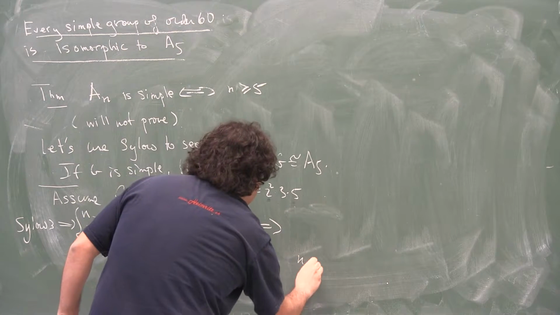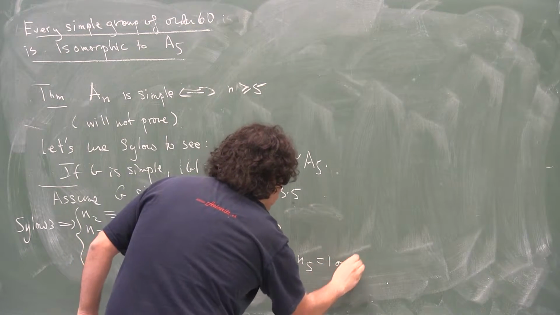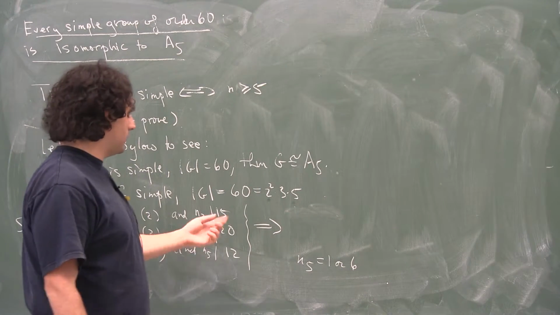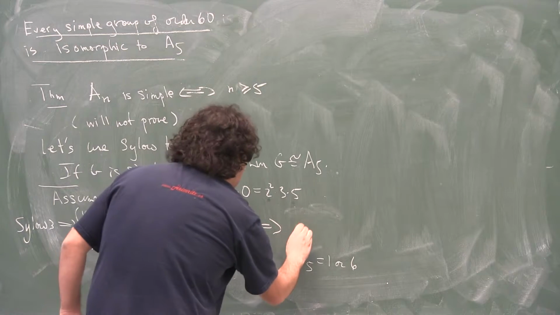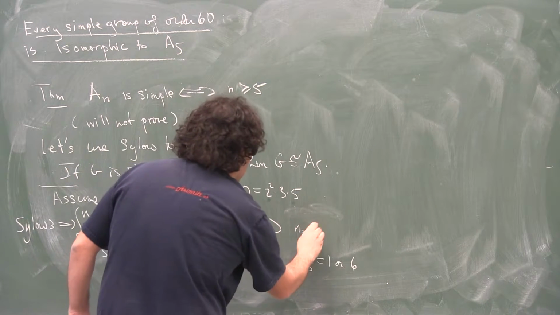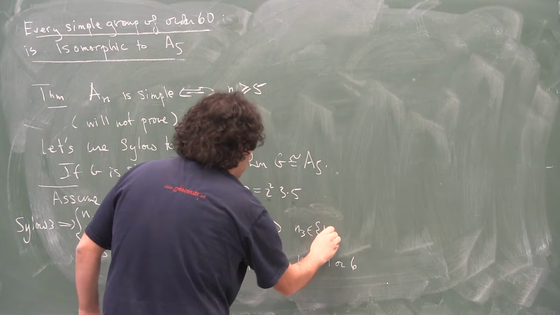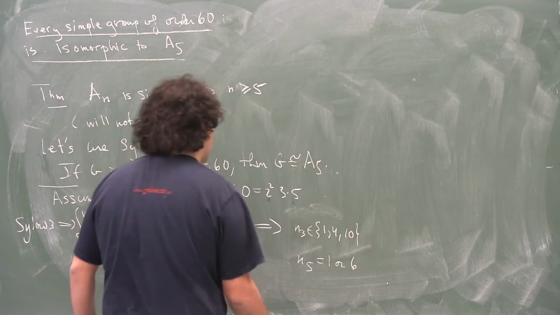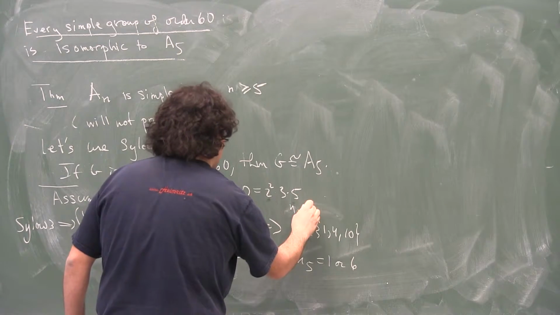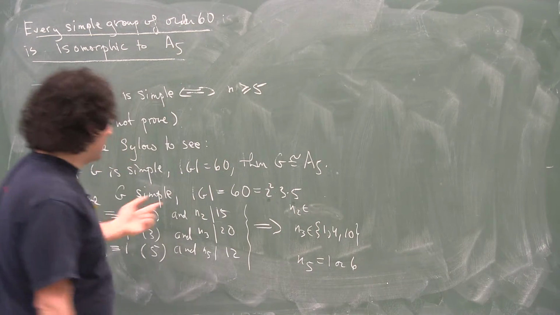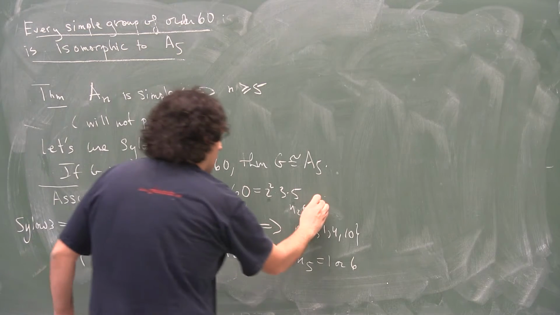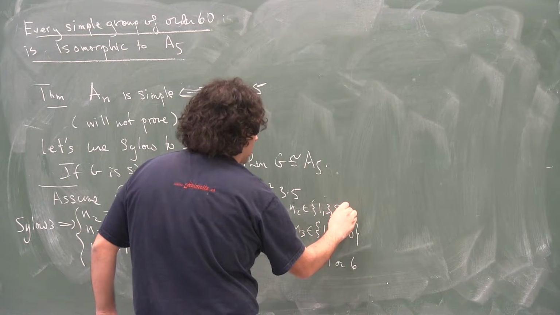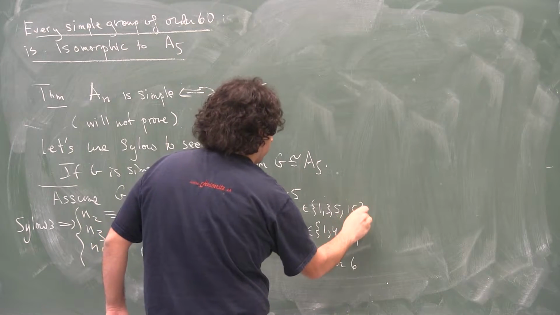So n_5 is equal to 1 or 6. n_3 is congruent to 1 mod 3 and divides 20, so we have n_3, it is either 1, 4, or 10. And n_2, this is odd and divides 15, so it's either 1, 3, 5, or 15.